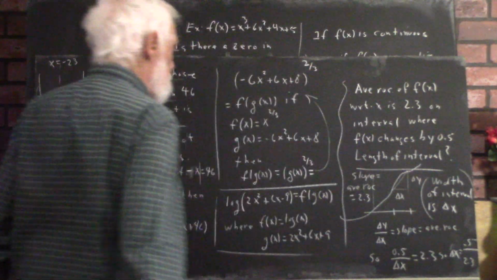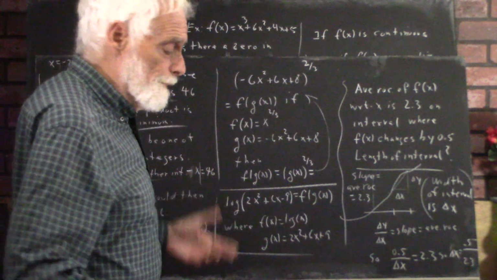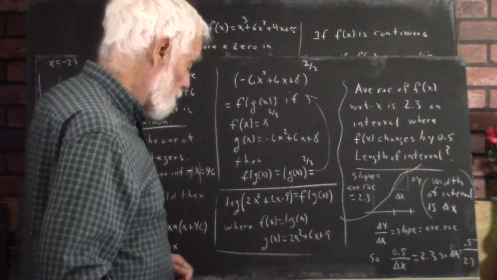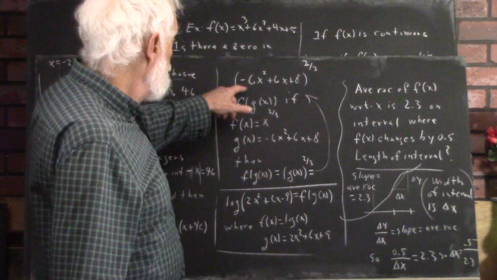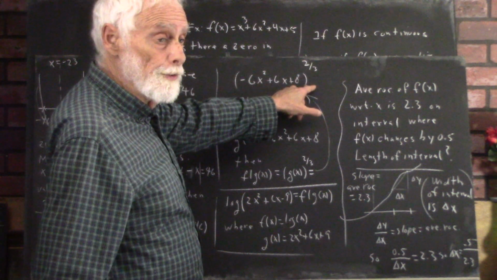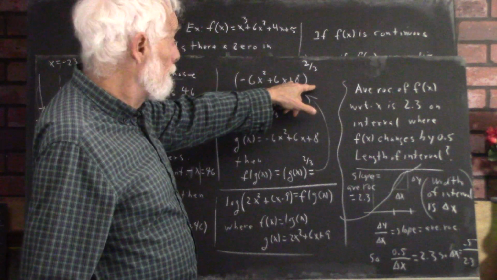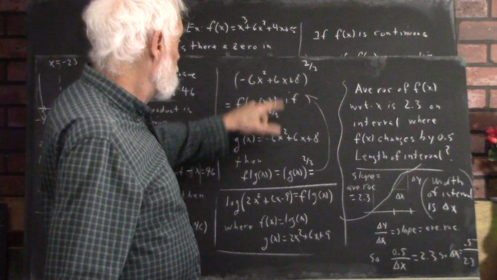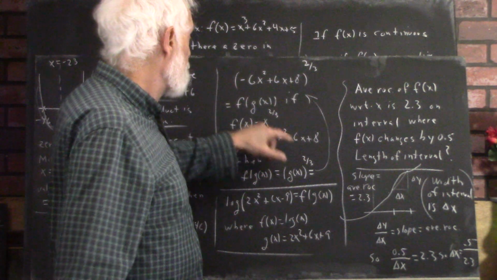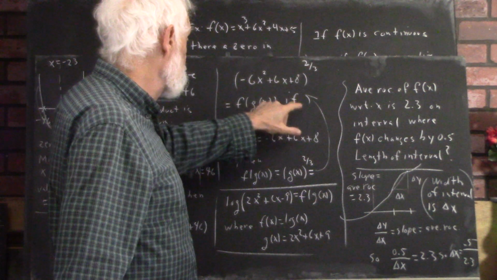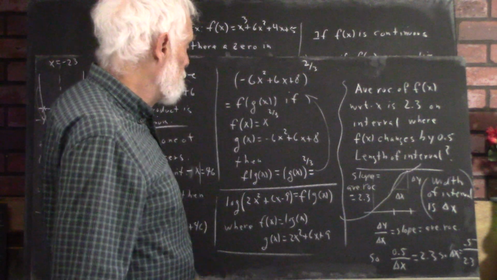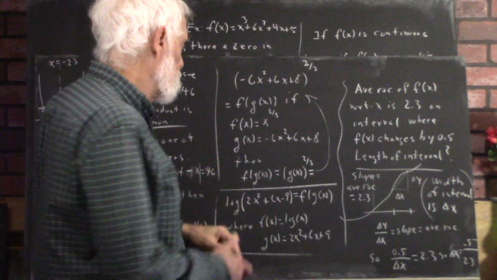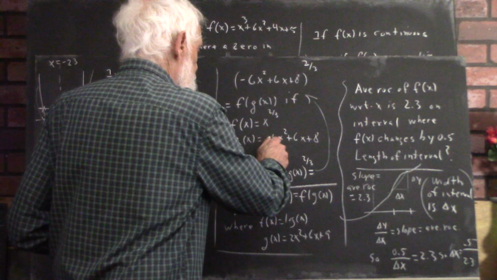Now a couple questions about composites. And this is pretty straightforward. I think people saw this immediately. You have this function, and you want to express it as a composite of function f and a function g. So you want this to equal f of g of x. Well, this equals f of g of x if f of x is x to the 2/3, g of x is negative 6x squared plus 6x plus 8.